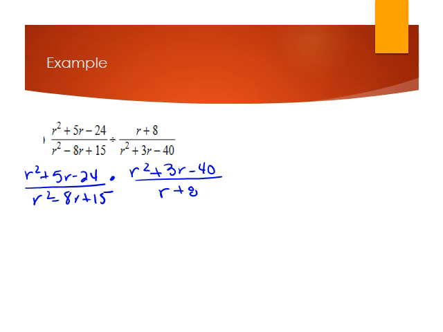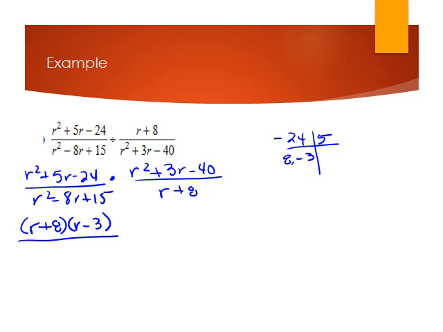So for the top of the first fraction, I need factors of negative 24 that add to 5, and that's going to be positive 8 and negative 3. So it factors to r plus 8 and r minus 3. On the bottom, I need factors of 15 that add to 8, and that's going to be negative 3 and negative 5.